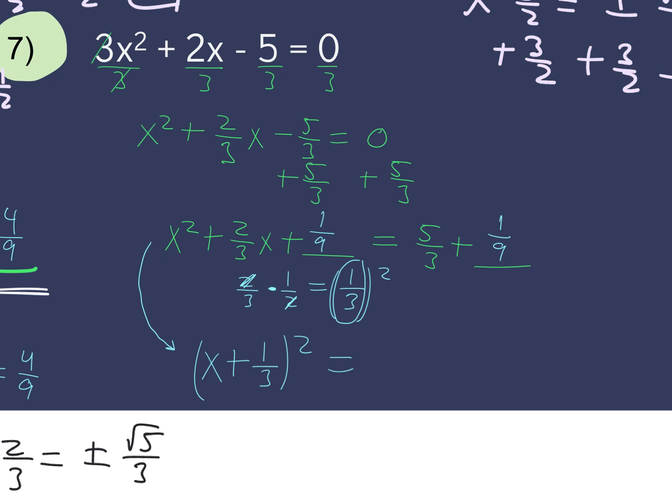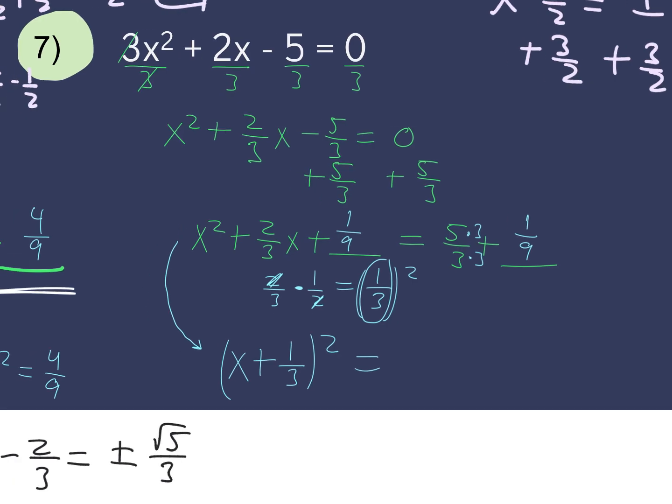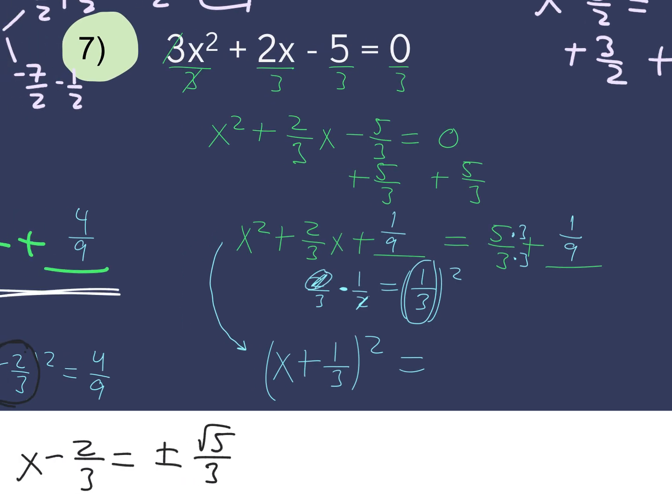All right, how can I do 5/3 plus 1/9? Nice, guys, right? Times 3 on the top and on the bottom to get a common denominator. 2/3 times a half, the 2's are going to cancel. Or you can multiply straight across and get 2/6, and then simplify to get 1/3.